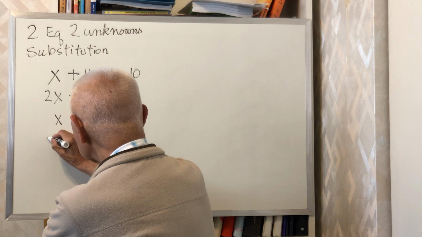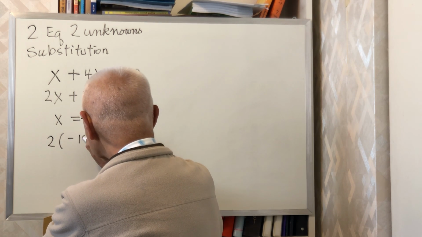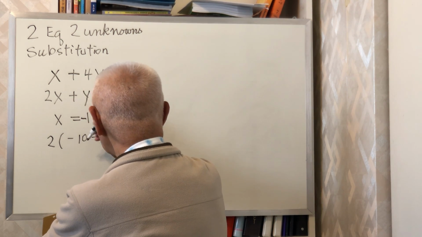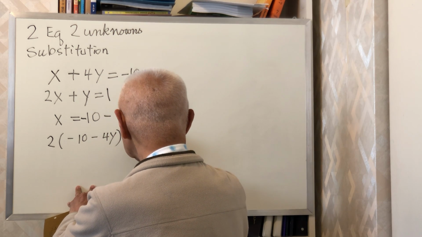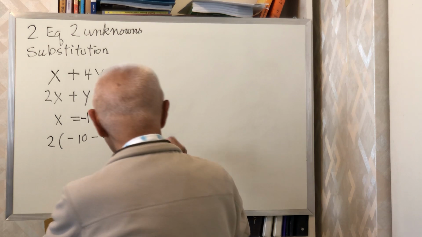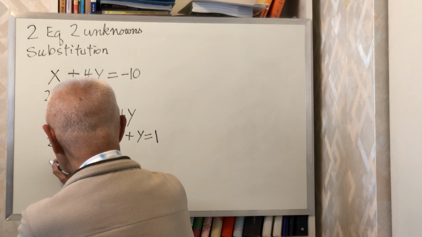So I have 2 times (minus 10 minus 4y) plus y equals 1. I expand this.